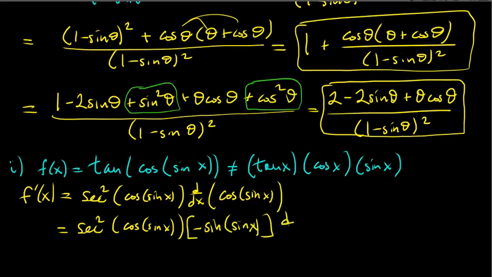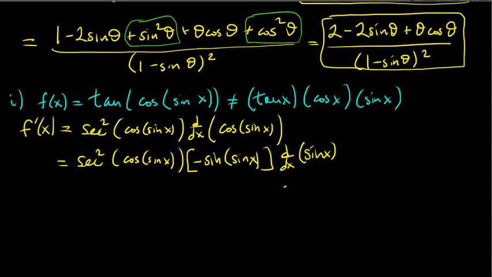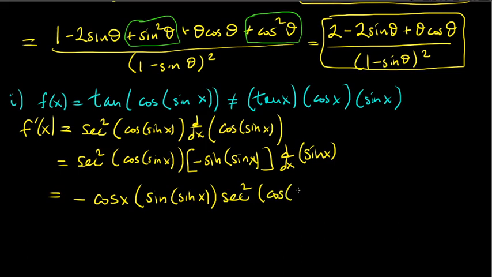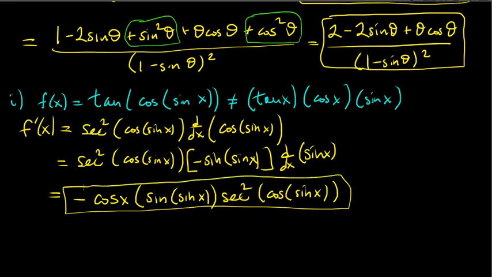And then by the chain rule again, the derivative of sine x, which is just cosine x. So I'm going to do a couple things here. I'm going to pull the negative in front, the cosine in front, and then I'll do the sine of sine of x. And finally, the secant squared of cosine of sine of x. And that's probably how I wrote it in the answer key.